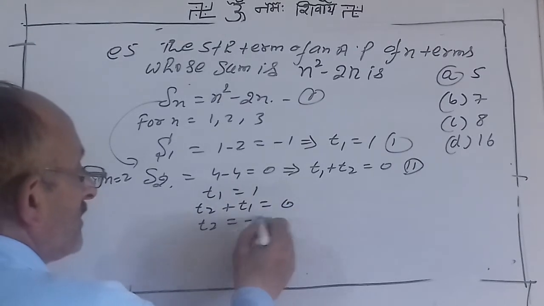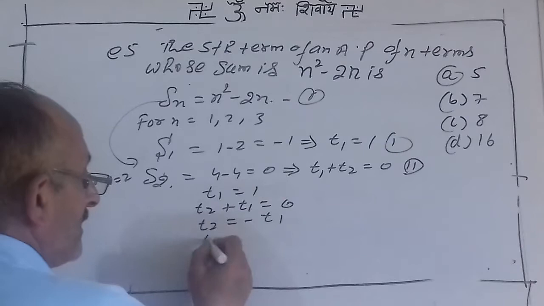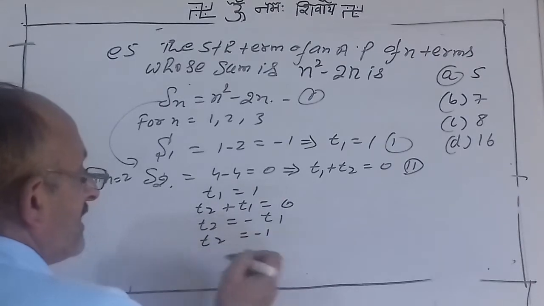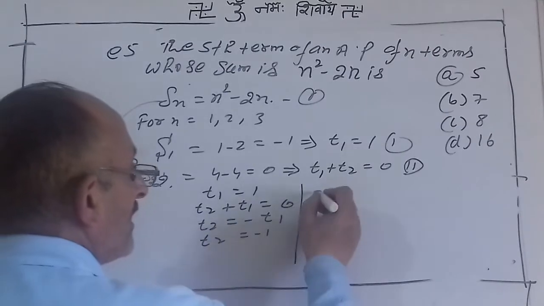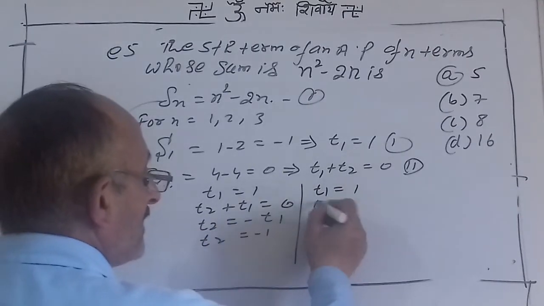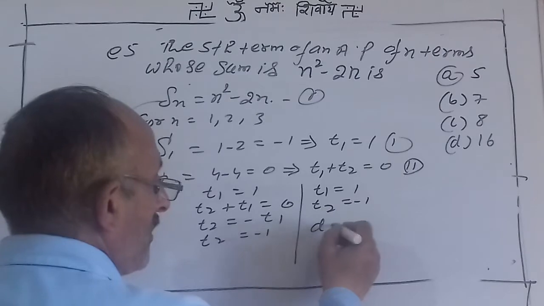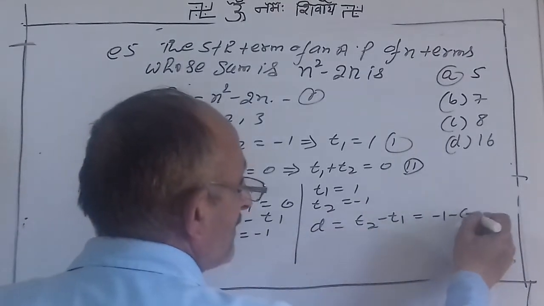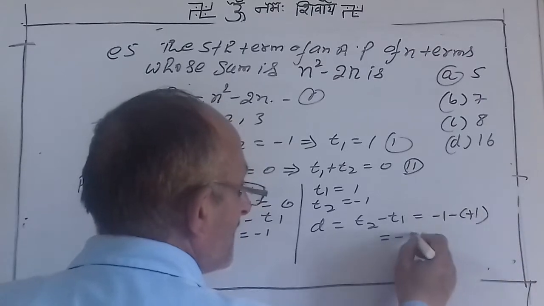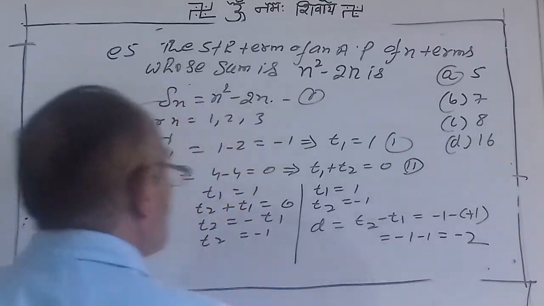So T2 is equal to minus T1. Putting the value of T1 here, T2 is minus 1. T1 is 1, T2 is minus 1. So the common difference will be T2 minus T1, that is minus 1 minus 1, that is minus 2.